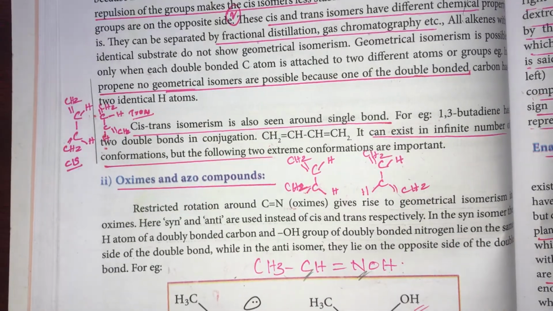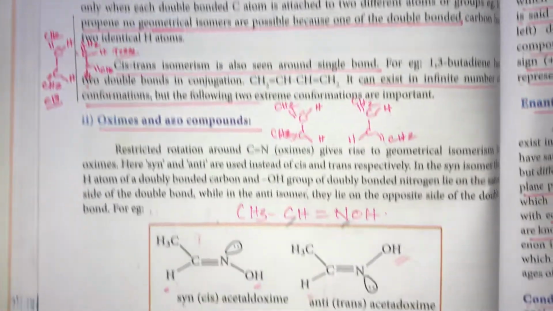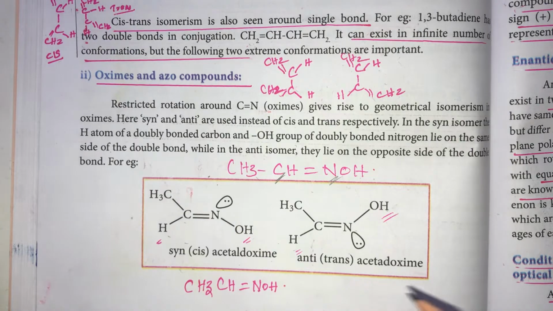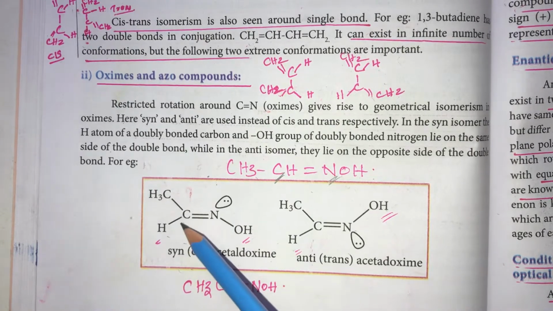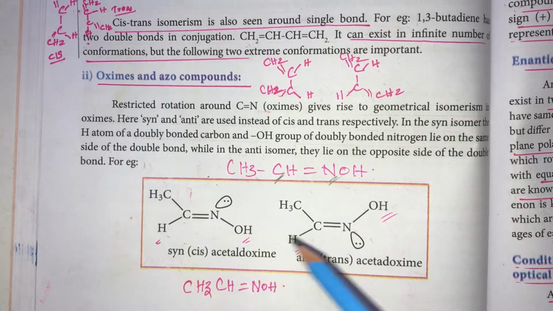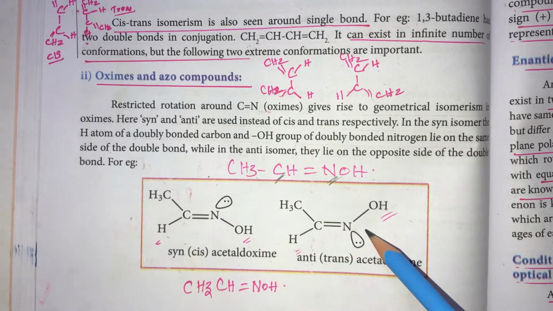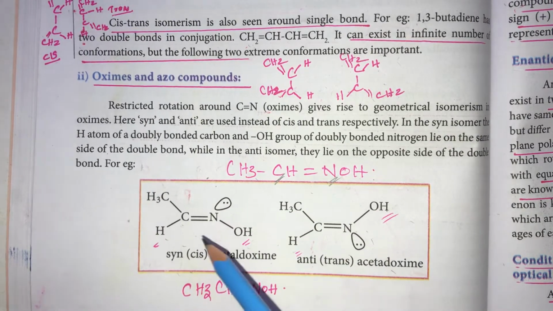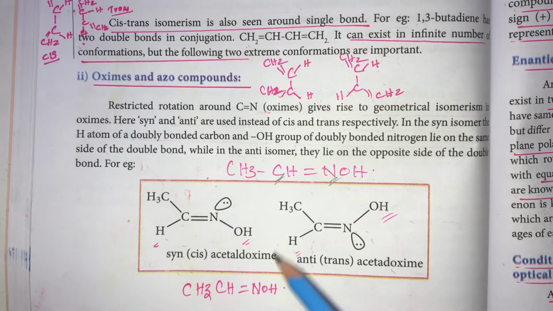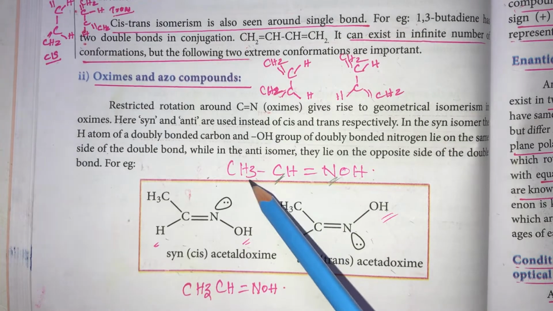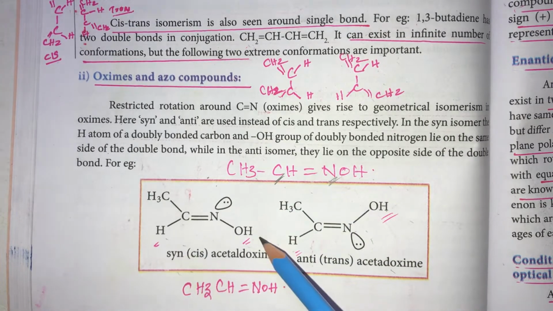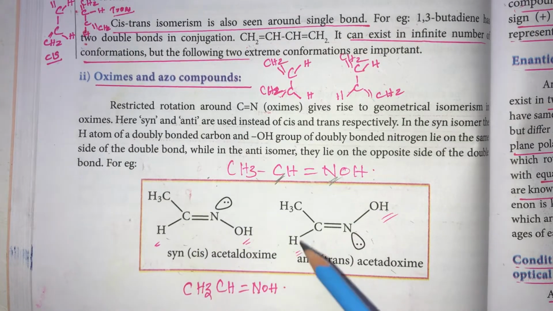Next one is oximes and azo compounds. The cis and trans isomerism here is written as syn and anti. Around the carbon-nitrogen double bond, the different spatial orientation of groups and atoms gives the syn and anti forms. Here H and OH lie on the same side, called syn-acetaldoxime, CH3CH=NOH.